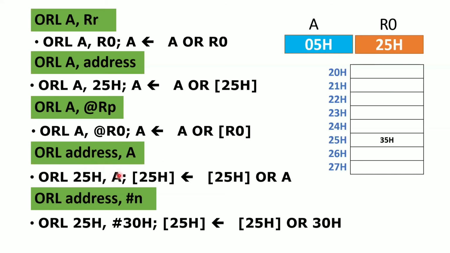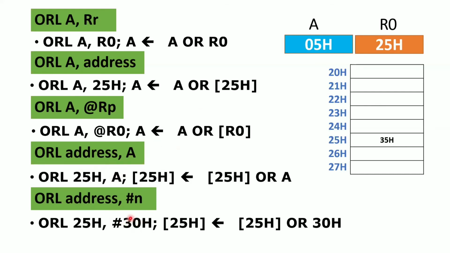Take the value of A, perform the OR operation with the value present in the 25H address location, and store the result in the 25H address location. Why? Because the first operand is your address location. The next one is address comma #n. Here, instead of the value being in the A register, I am giving the value directly in the instruction.